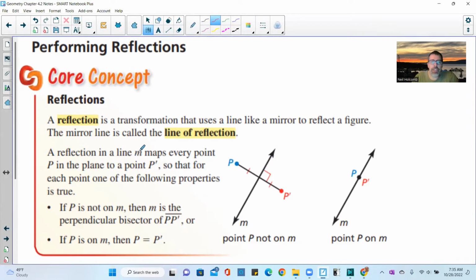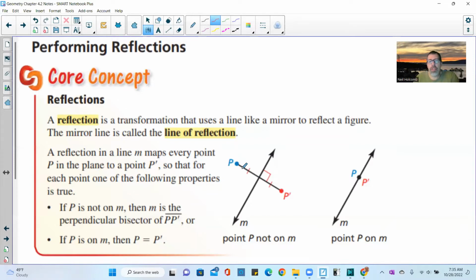That is our line of reflection. A reflection in line M maps every point P in the plane to a point P prime, so that for each point, one of the following properties is true. If P is not on M, then M is the perpendicular bisector of the segment that goes from P to its image P prime.